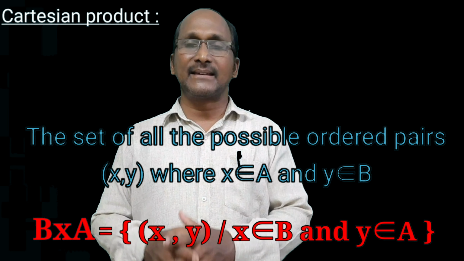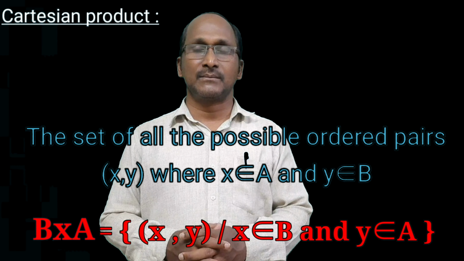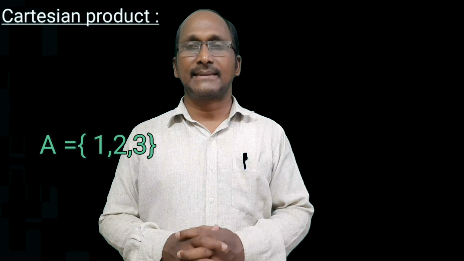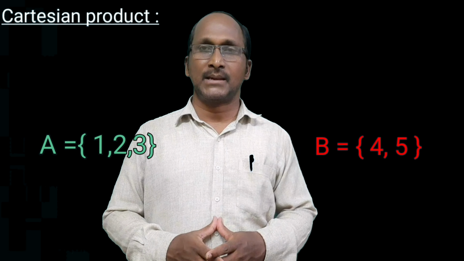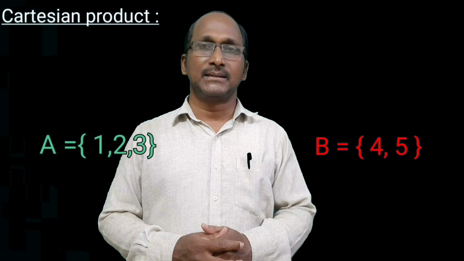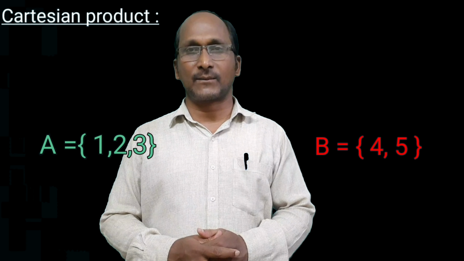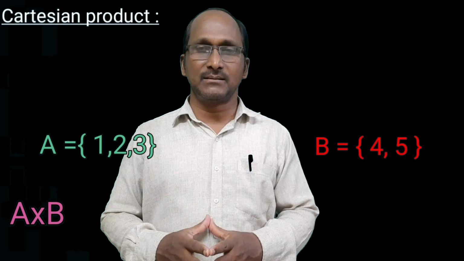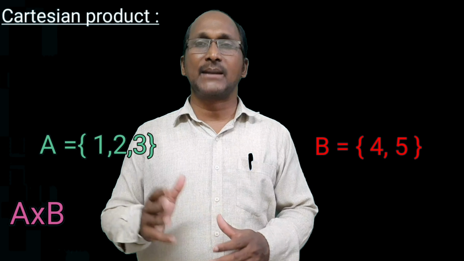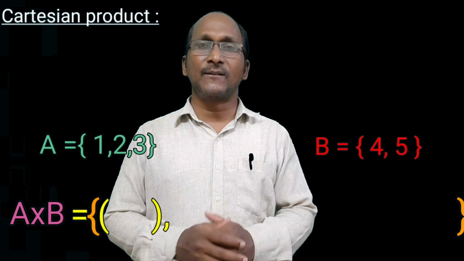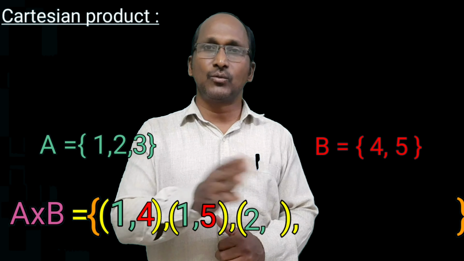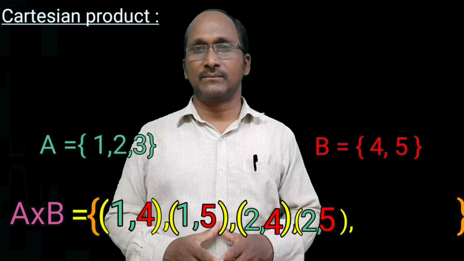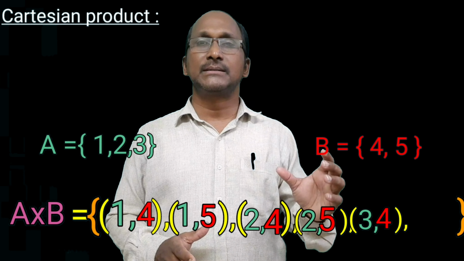Now let us take one example. A is equal to the set {1, 2, 3} and B is equal to the set {4, 5}. Now let us define the operation A cross B. By the definition, A cross B can be taken as the set {(1, 4), (1, 5), (2, 4), (2, 5), (3, 4), (3, 5)}.